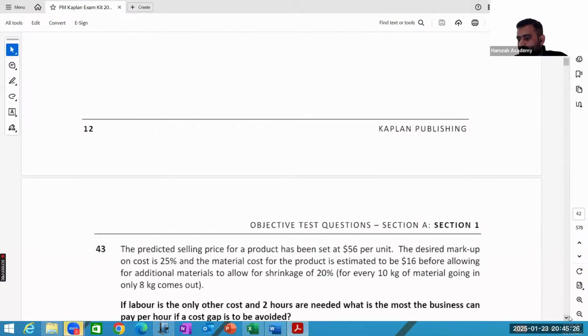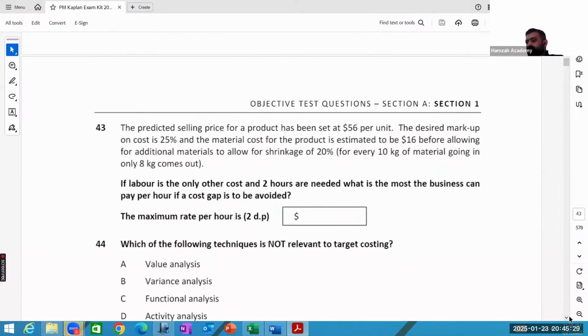Now the question number 3. The predicted selling price for the product has been set at $56 per unit. The desired markup on cost is 25%.